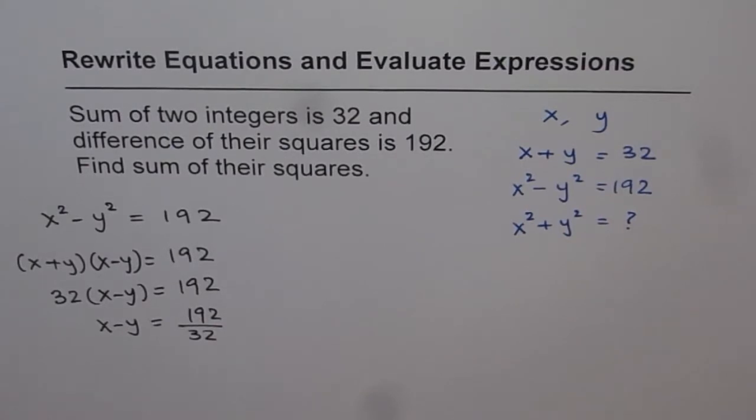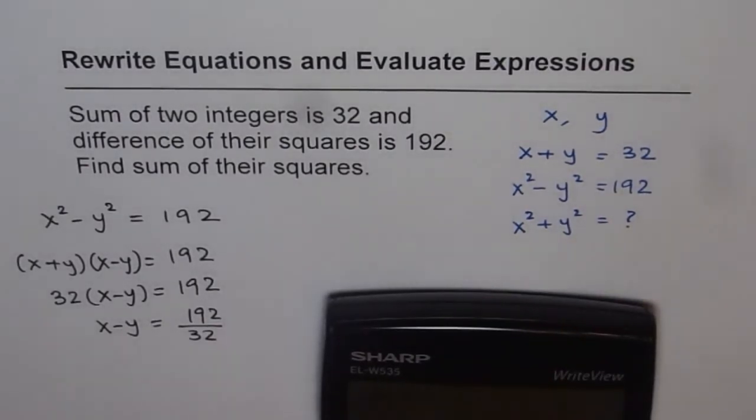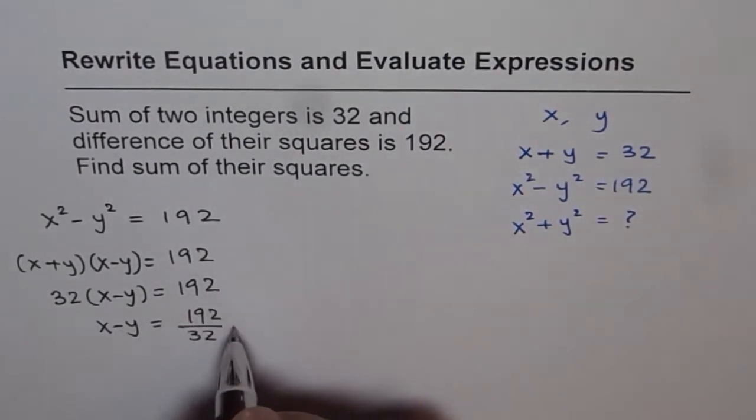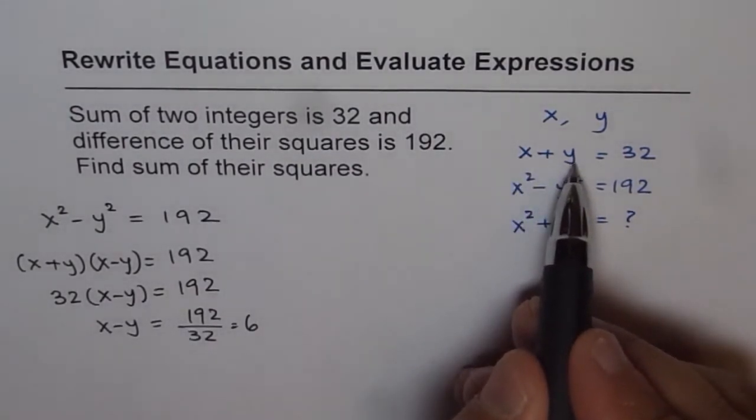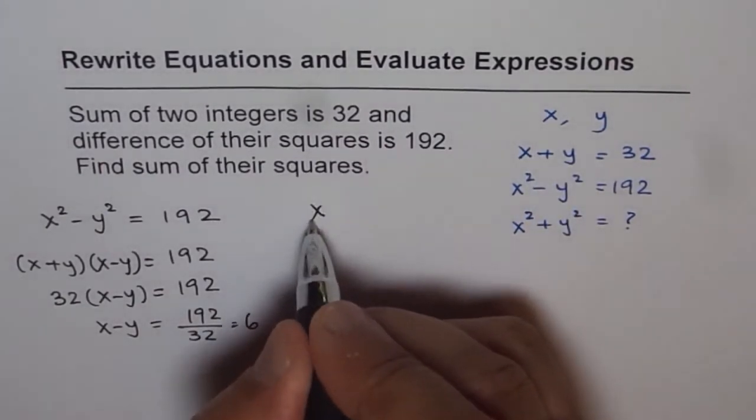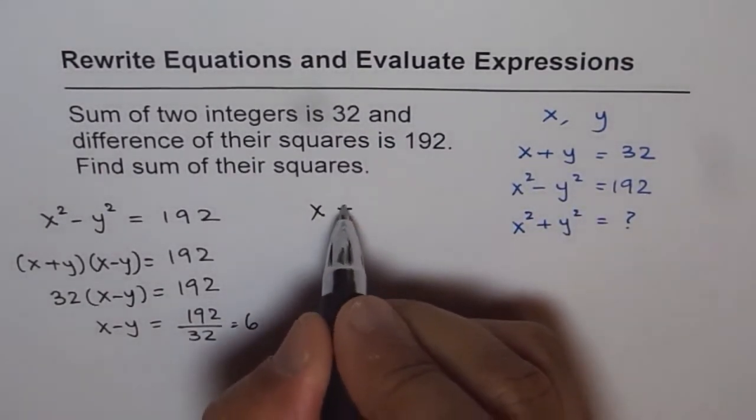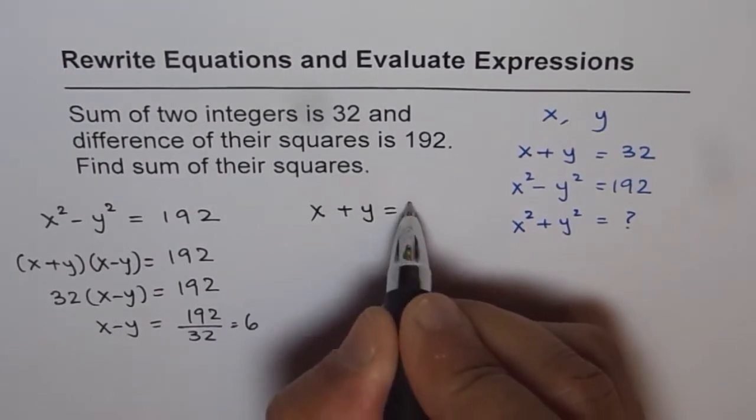So let's use the calculator to calculate what 192 divided by 32 equals. It is 6. So we get x minus y as 6. We know what x plus y is, and we know what x minus y is. They can help us to find the x and y values, right?